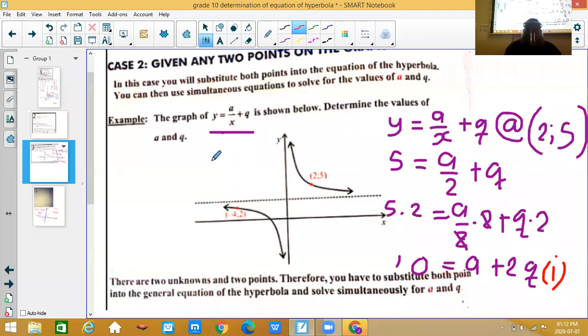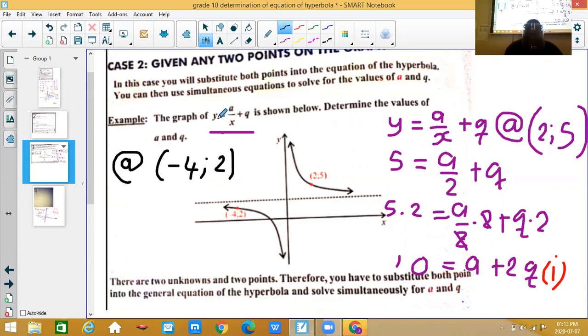Now, let us go on to the second equation. On the second equation, we are still using this one. But now, at which point are we dealing with? Now we are using -4, 2.